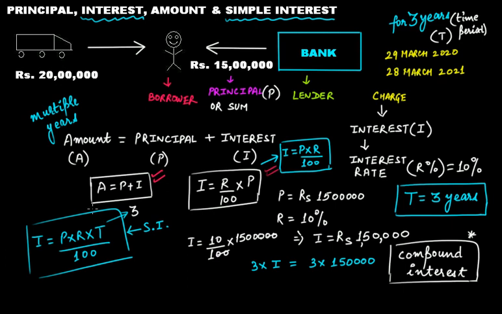For now, you just have to know simple interest and this formula, that is P times R times T divided by 100. The amount is equal to P plus I, that is P plus interest. So when you are calculating simple interest, this amount will become A is equal to principal plus simple interest. So this is the concept of principal, interest, amount and simple interest. Let's take some problems.